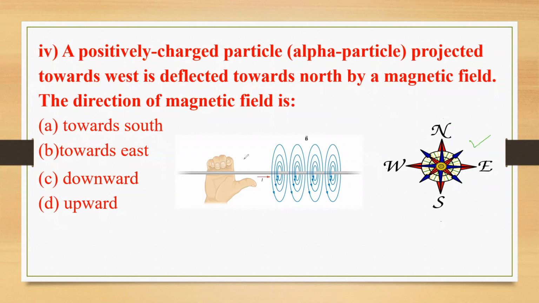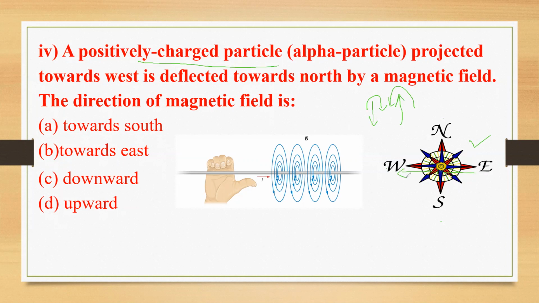Right hand thumb rule, how the direction of the magnetic field. You know that if the current passes downward, it is clockwise, if upward, it is anti-clockwise. Here the current is not up and down, it is in a horizontal way. Now you try to understand the question. A positively charged particle is moving from east to west.